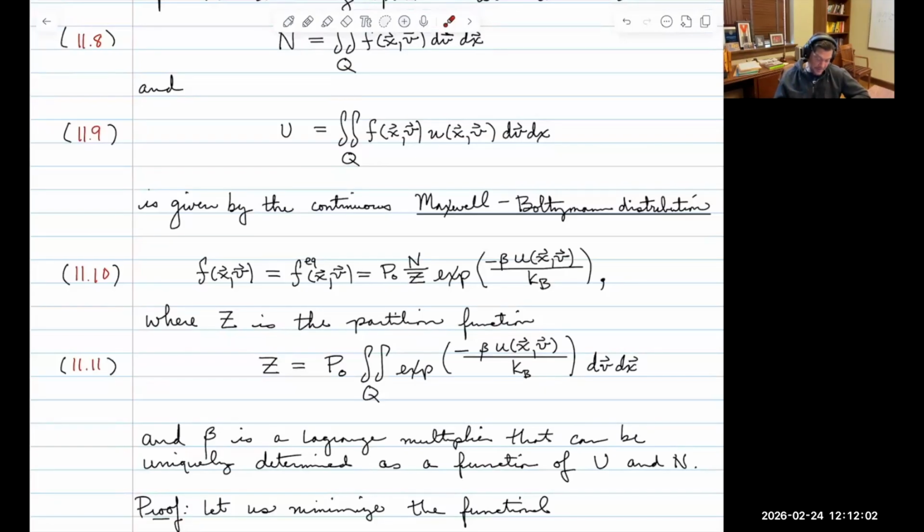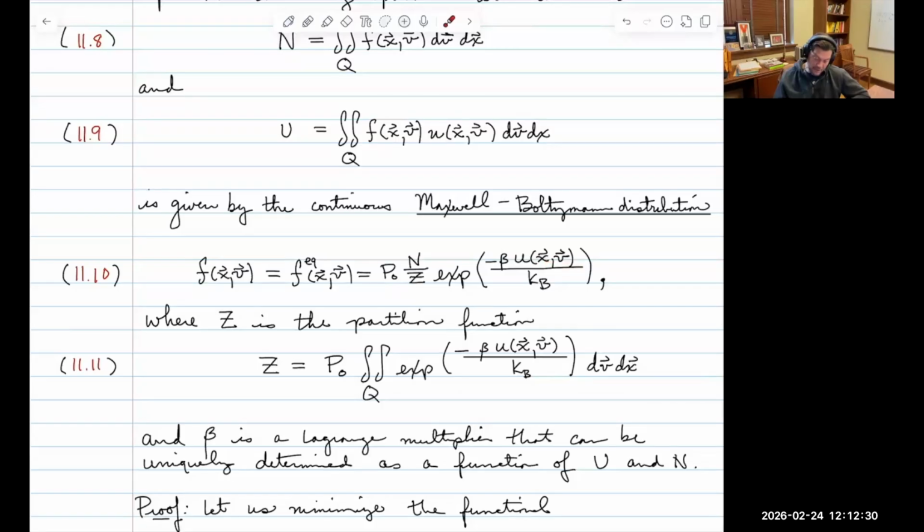So the Maxwell-Boltzmann distribution is, again, an exponential function of minus beta. Beta is a Lagrange multiplier, and the way we can find that Lagrange multiplier is ultimately by imposing the fixed energy constraint. So minus beta times the per-particle energy at x and v.